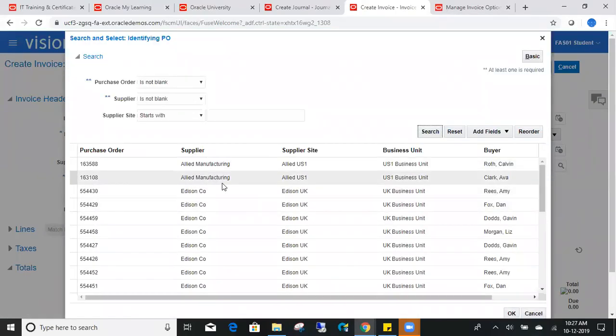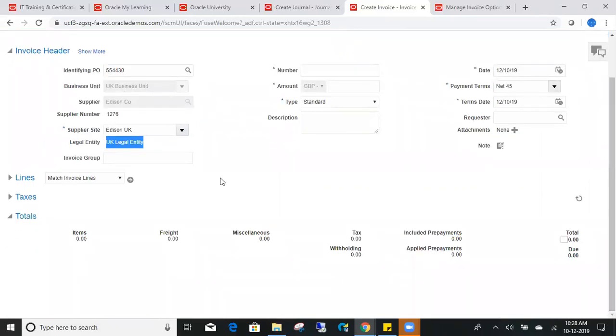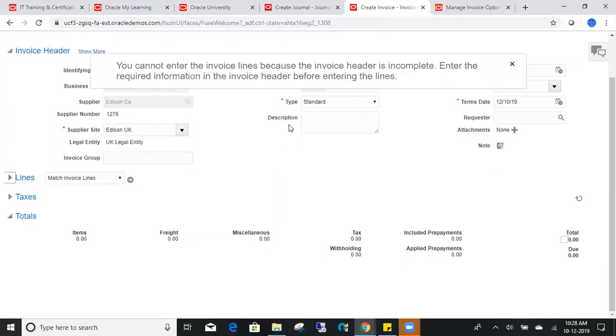So we have many POs. Let us click on OK. For that purchase order, I am creating an invoice. That means there will be a default supplier and we can see automatically everything is defaulted. Supplier name also came and the supplier site also came. So legal entity and the payment term, everything is defaulted. For this PO, we are creating an invoice.